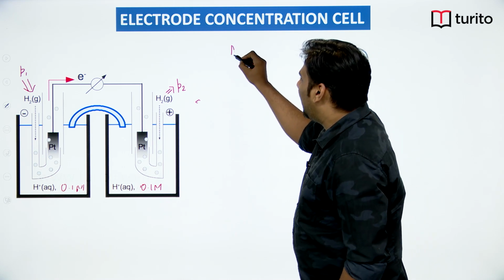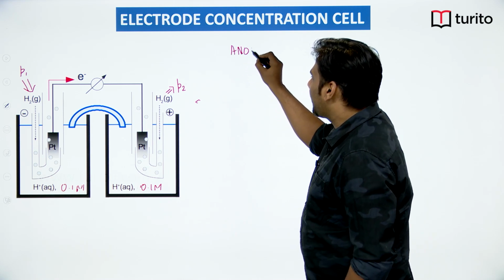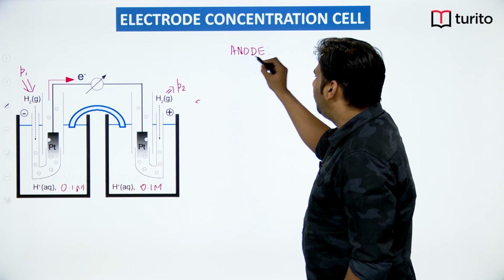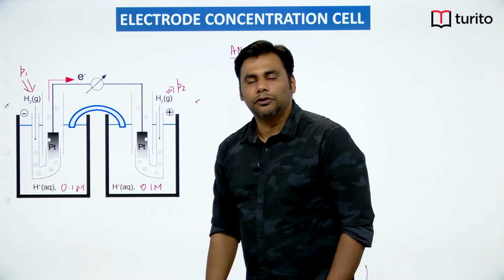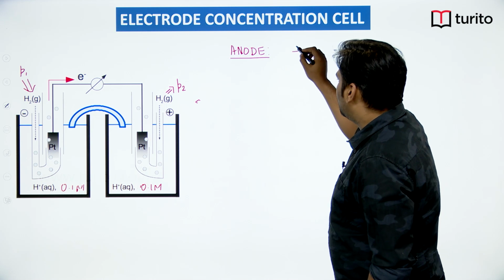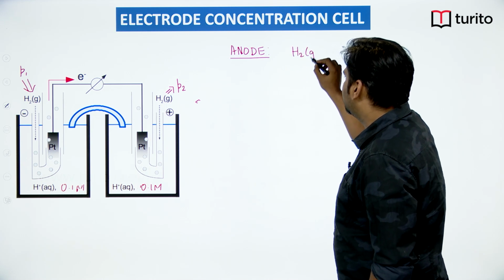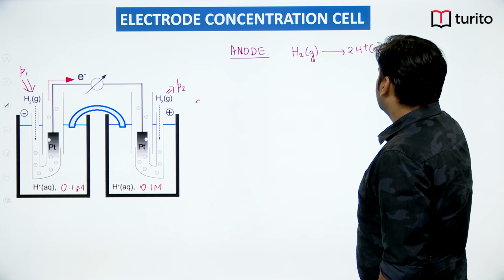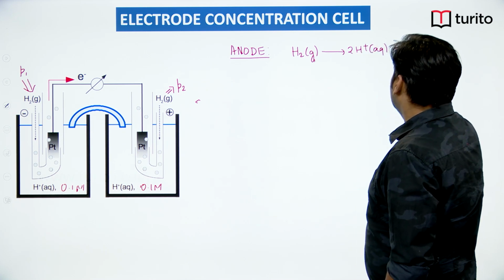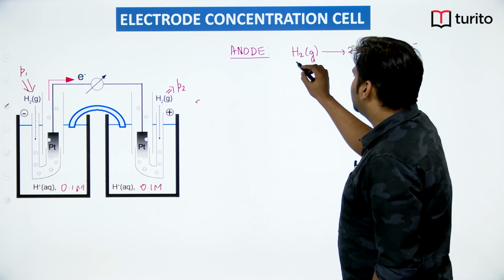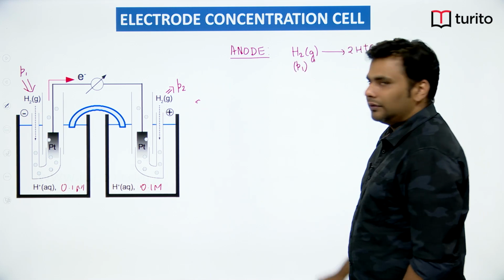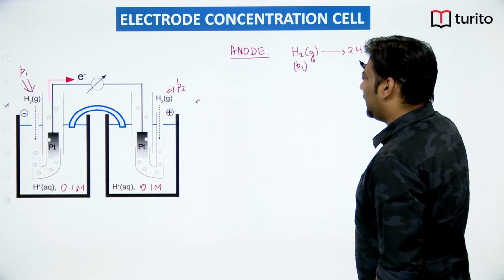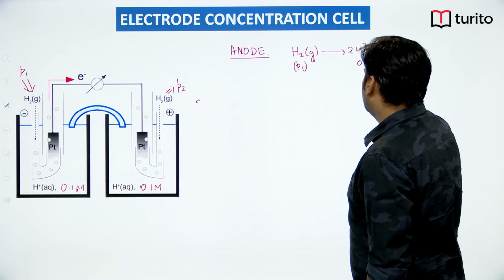At the anode there would be oxidation. So hydrogen gas would change into 2H plus plus 2 electrons. This hydrogen gas was at a pressure of P1, and this H plus ion had a concentration of 0.1 molar.